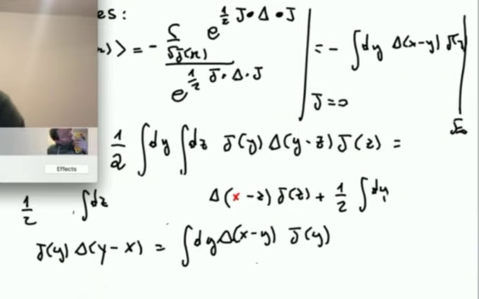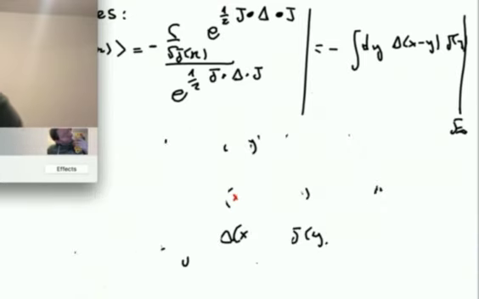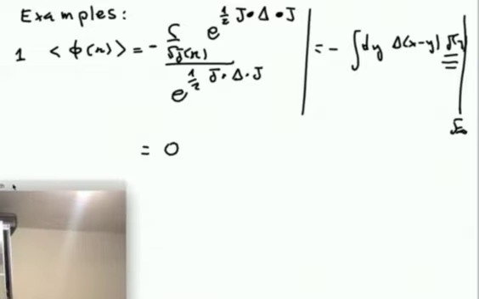And of course, after I set the source to 0, this term will trivially go to 0, because it's proportional to the source. So when I set the source to 0, the magnetization goes to 0. And that's not a big surprise, because we are, after all, in a paramagnetic system.